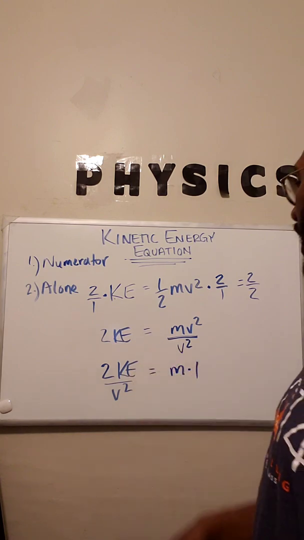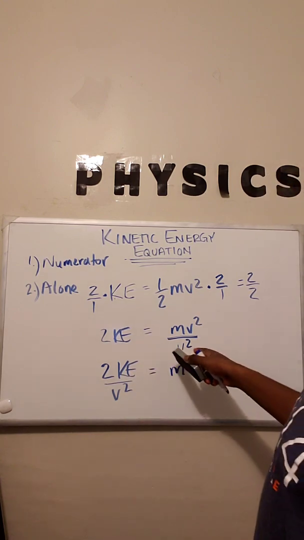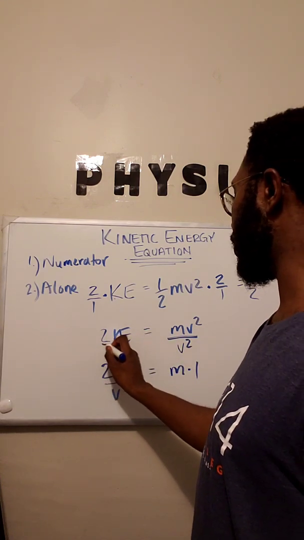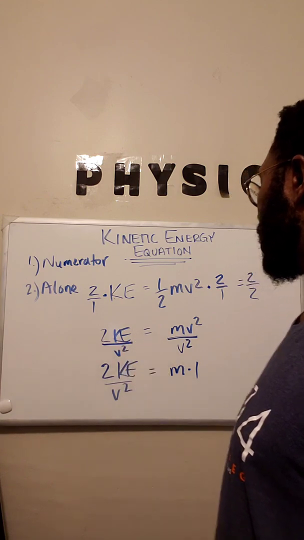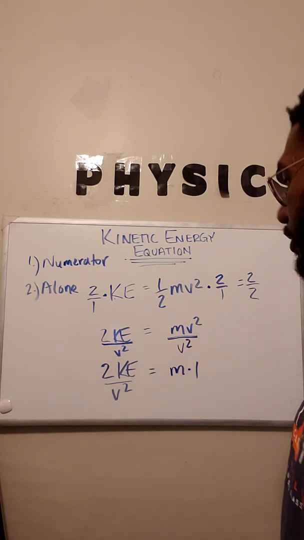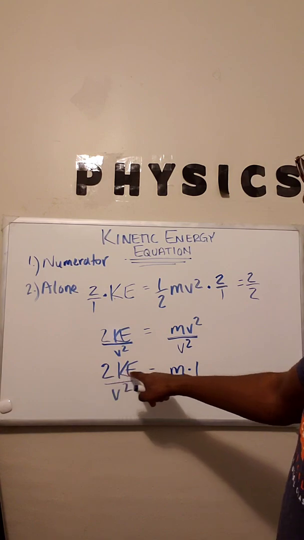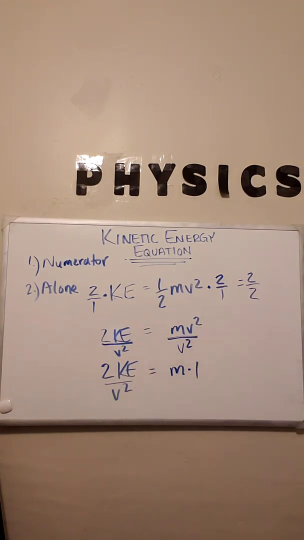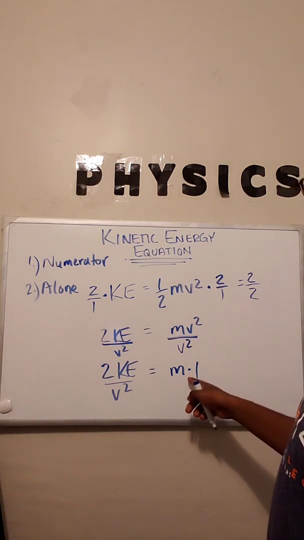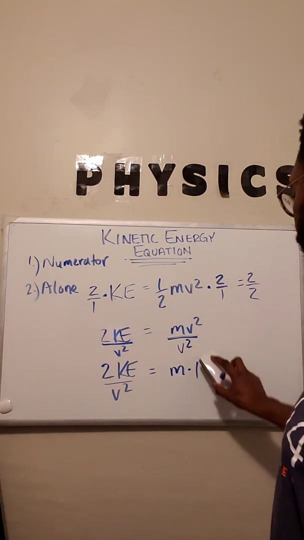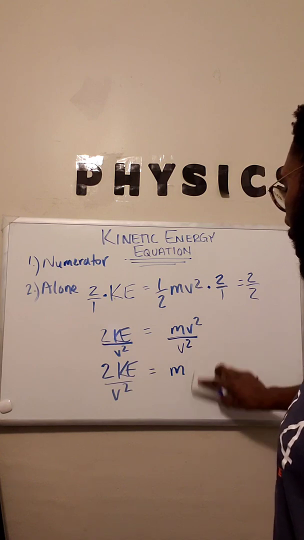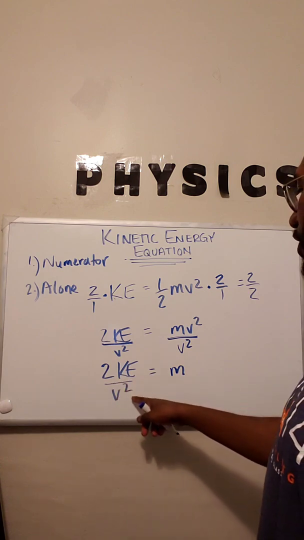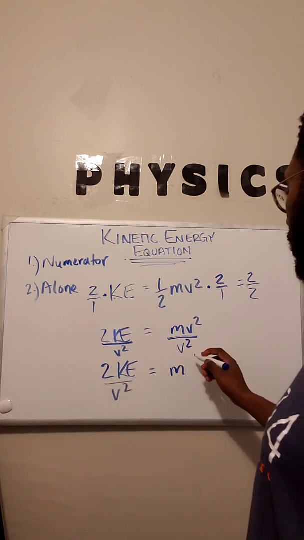Again, the reason I did that is because whatever you do to one side, you have to do to the other side. So let me show you up here in this stage. That's where I first do it on both sides. So now I have 2 times the kinetic energy divided by the velocity squared equals m times 1. And again, anything times 1 is equal to itself, so we can just erase that. Now we have 2 times the kinetic energy divided by velocity squared is equal to the mass.